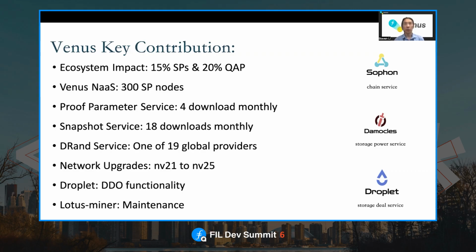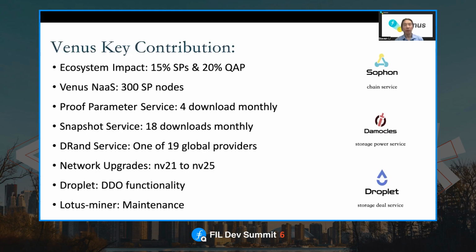Venus Hub, supported by the Filecoin Foundation, has operated as a central hub for community initiatives and resources within the Venus ecosystem by leveraging the Venus and Venus SP stacks alongside parameter and snapshot services. Venus Hub has effectively supported around 15% of all network SPs and 20% of total network QAP, marking it as a vital contributor to Filecoin's growth.